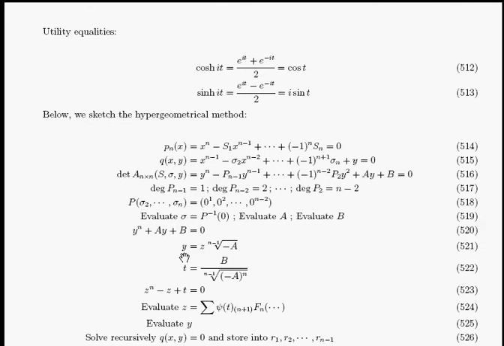Exchanging y this way and exchanging t this way, we go to z to the power n minus z plus t equals to 0.